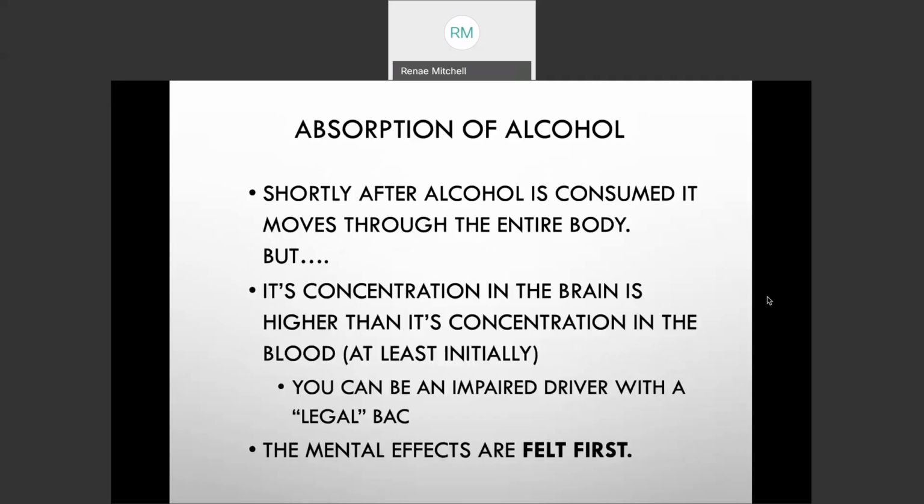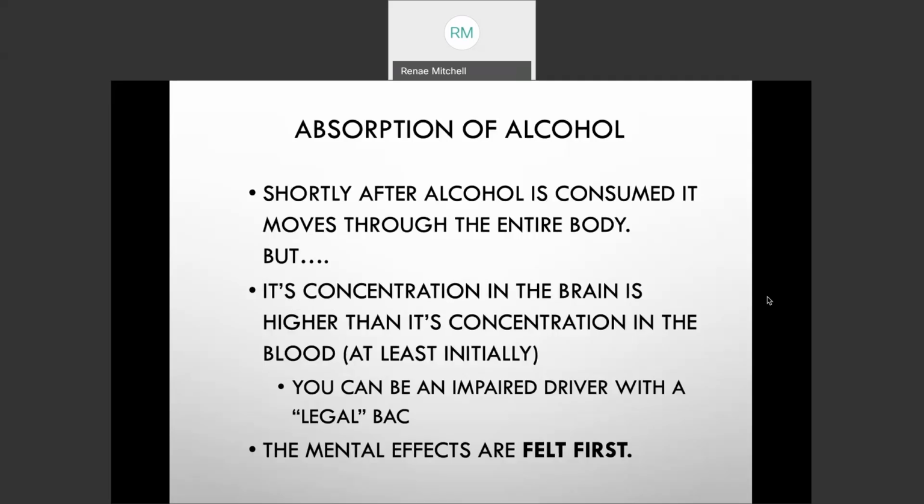And so, if you're doing a sobriety test or you're taking a blood test, your blood alcohol level might not be reflective of how impaired you are because the concentration in the brain is higher. So you can take a blood reading of blood alcohol content and have it be lower than the impairment that someone is feeling in their brain.